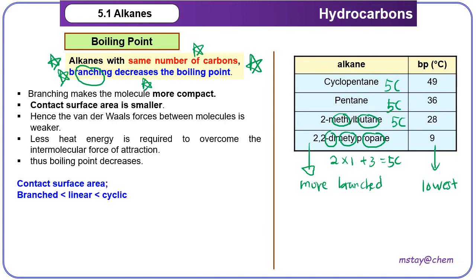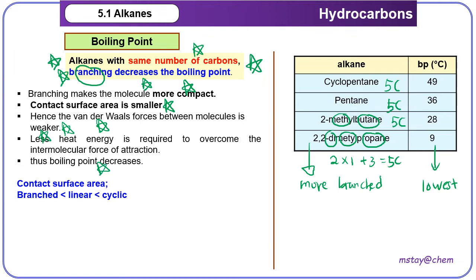Branches make the molecule more compact, and then the contact surface area becomes smaller. So the van der Waals force will become weaker and less energy is required to overcome the intermolecular force, which makes the boiling point decrease.